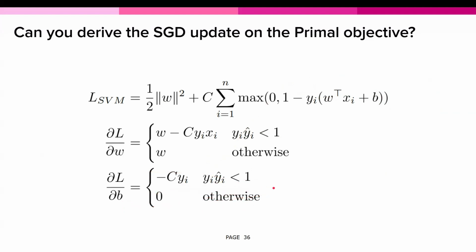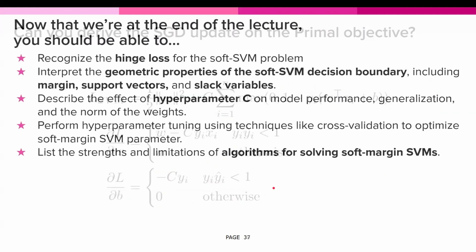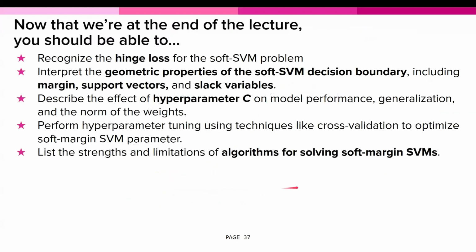All right. So that brings us to the end of our lecture. Just to summarize, I talked about the hinge loss in the SVM problem. So you should be able to recognize that, as well as describe some of its properties and distinguish it from other losses that we've encountered.